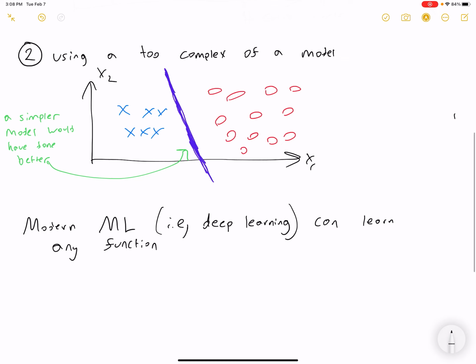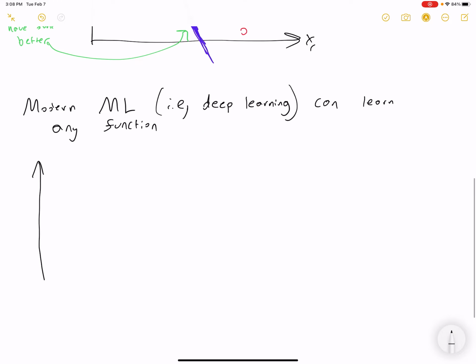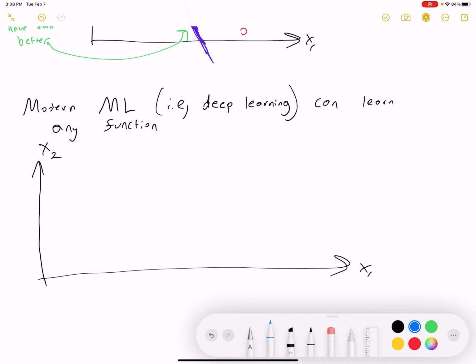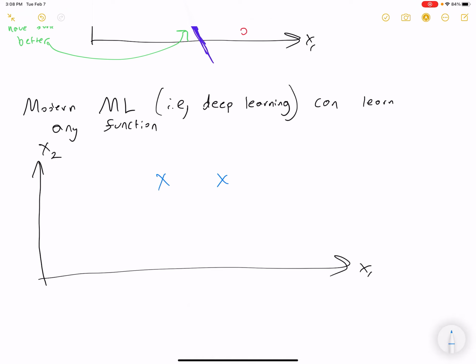So this is just an illustrative example again, but let's say we had data that were spread out like this.